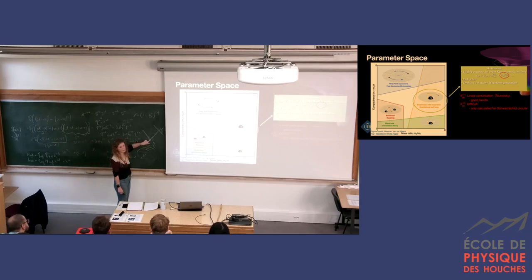I calculate the self-force at that point, and that tells me I'm not going to follow the test mass geodesic, I'm going to be pushed off it. So now I can calculate how much I'm pushed off this geodesic, and then I have to calculate the self-force at that new point, and see how much I'm pushed off the geodesic, and so on and so forth. That's this idea of self-consistent evolution, hugely computationally expensive, but that was one of the first ways of thinking about how we could do this.